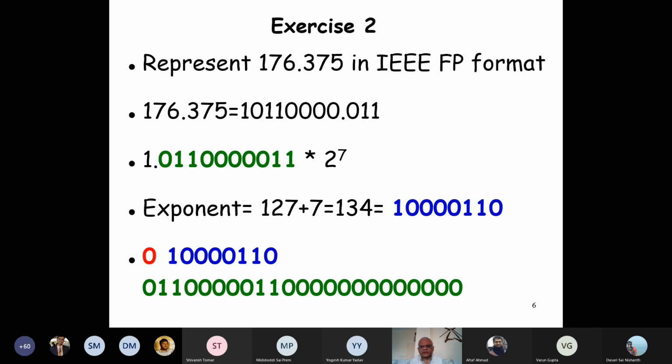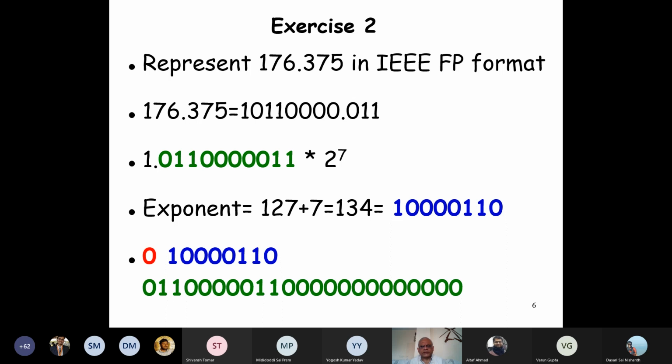Now this is the last exercise we are doing on this representation. 176.375. Those of you who can quickly do this, just let me know. How do we go about it? Sign bit is 0, obvious here.